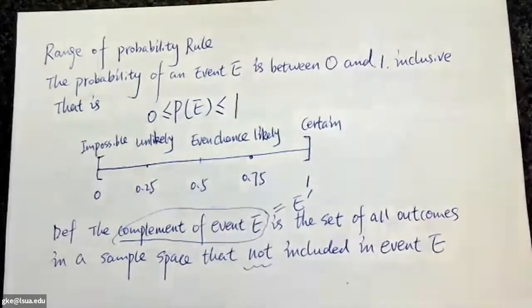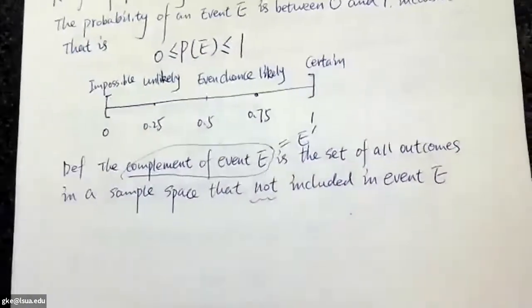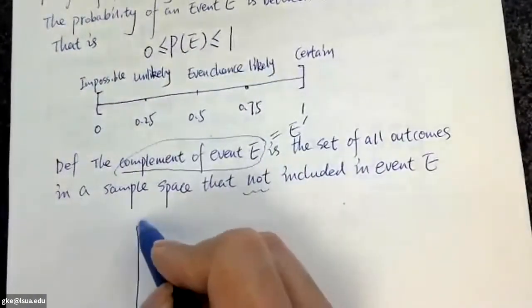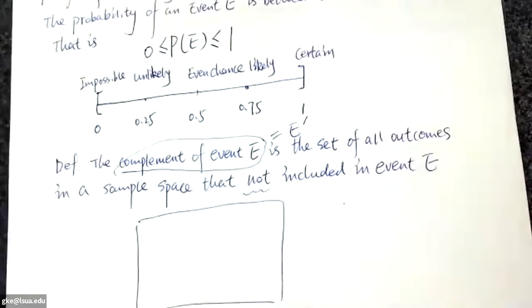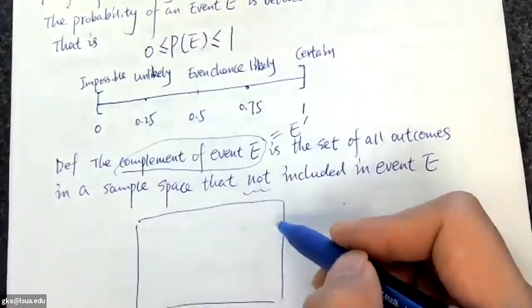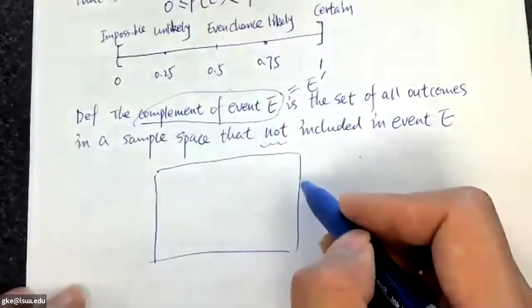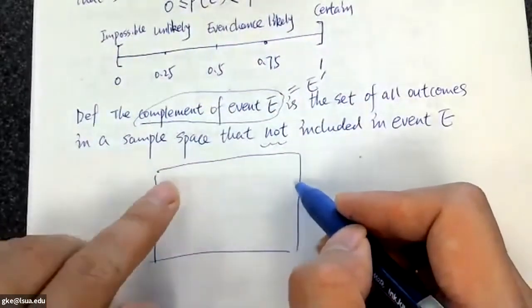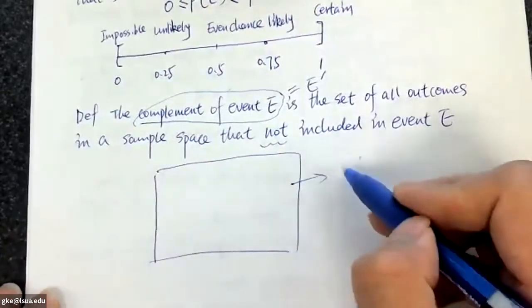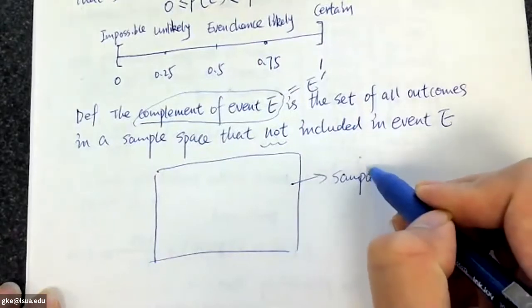So we can draw a picture. We have a picture, and in this picture, inside of this rectangle area, we call it sample space. Okay, sample space.